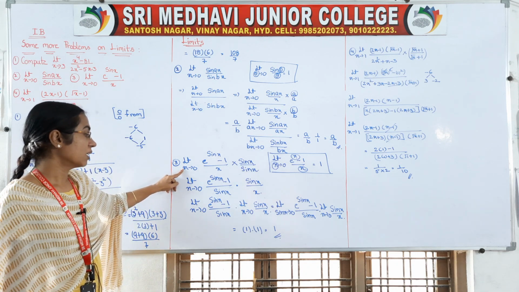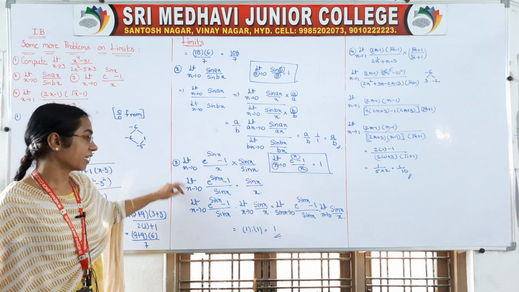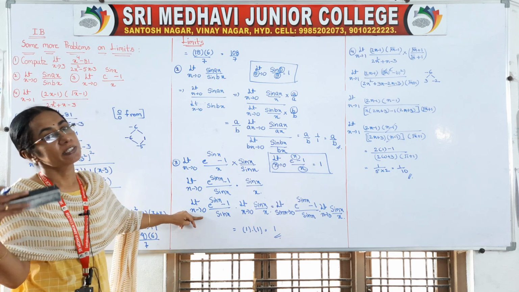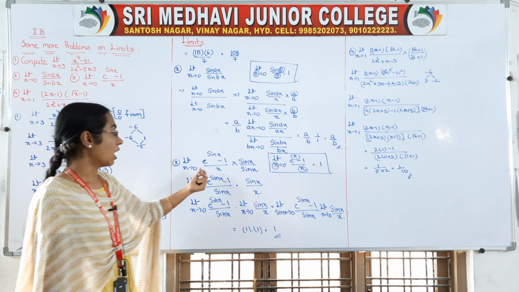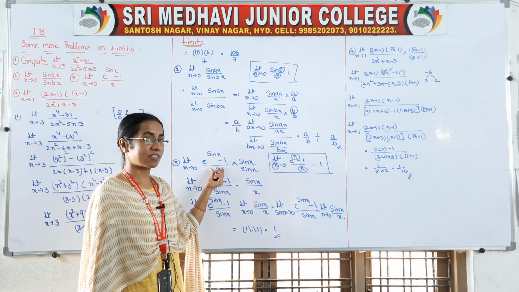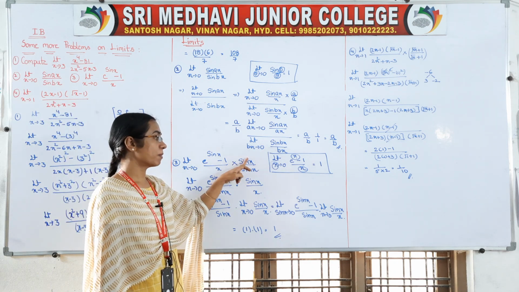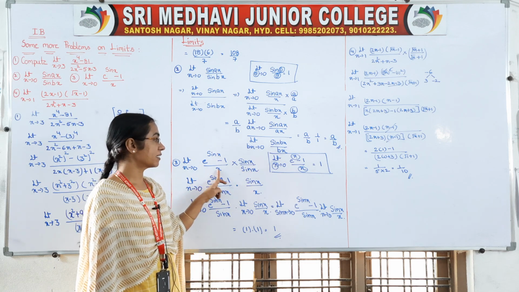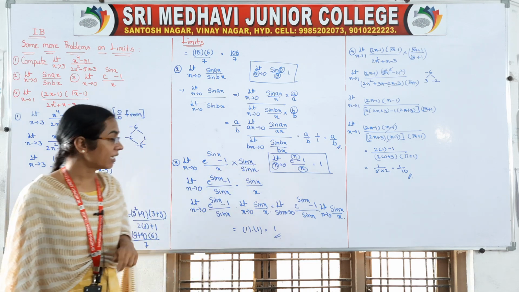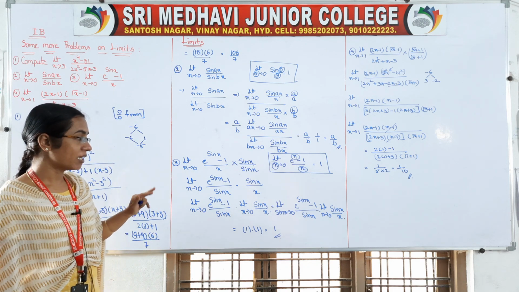So for that sake we have taken, if x tends to 0, sin 0 is 0, so we can write sin x tends to 0, and we need downward sin x, not x. That's why multiplying and dividing with sin x, and bring this sin x to this side and send x that side, right? Once it is over, apply the limits separately.